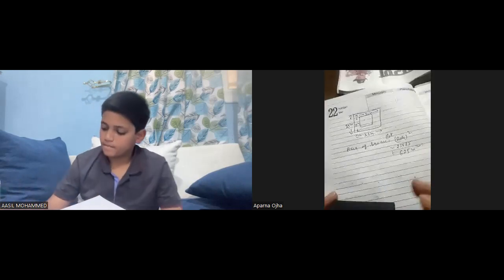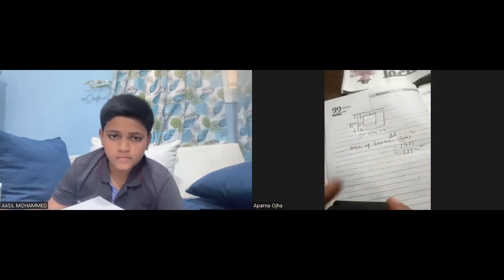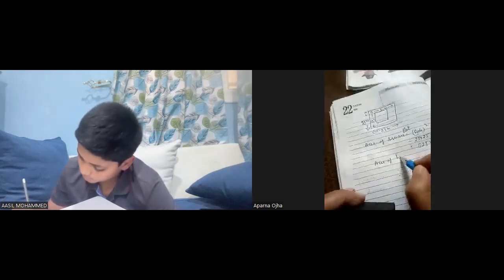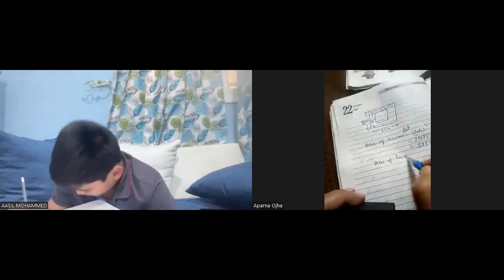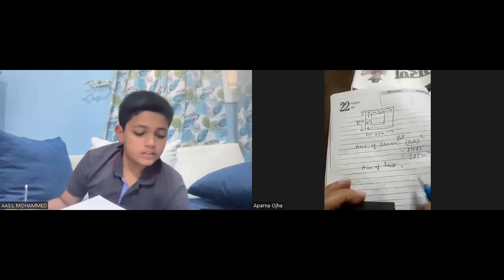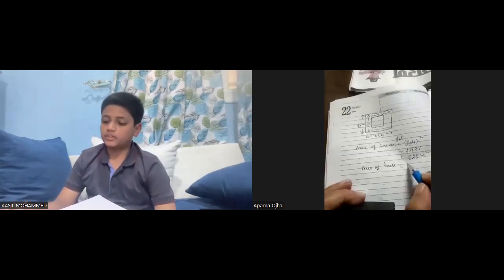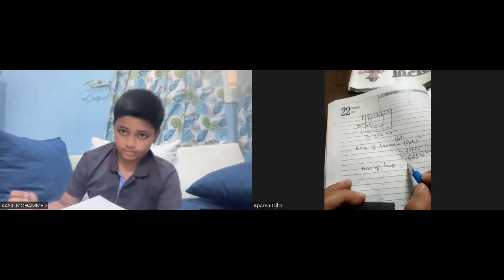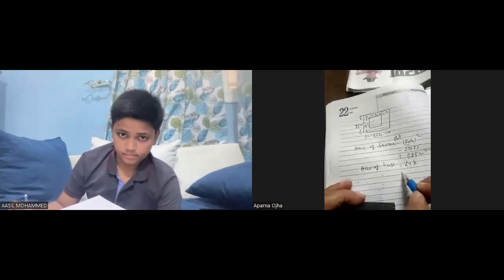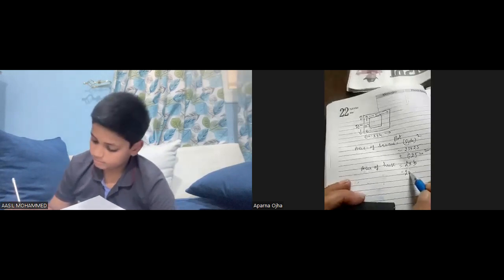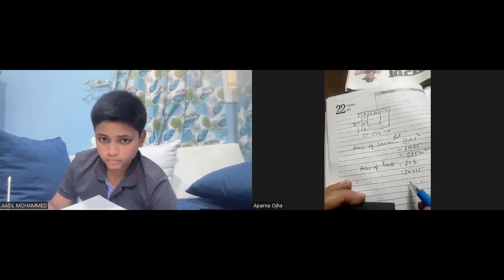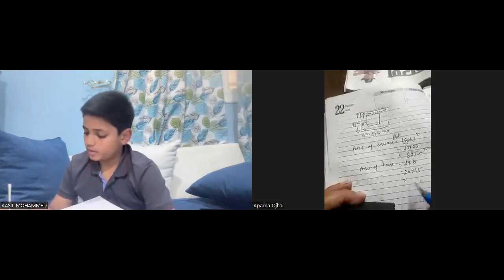Then find the area of the house. What is the formula? It's rectangular. Rectangular means area is L multiplied by B. How much is the length? 20 multiplied by 15.